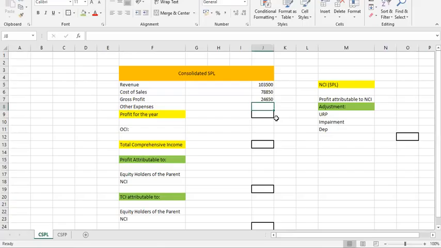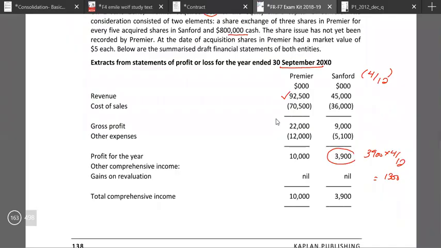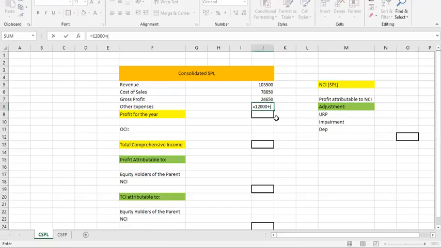Its other expenses will be 12,000 plus, you need to open the brackets, 5,100 into 4 divided by 12, and that's fine, is 13,700. So the profit for the year will be gross profit minus this, it gives you 10950.